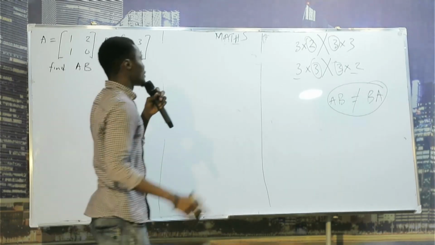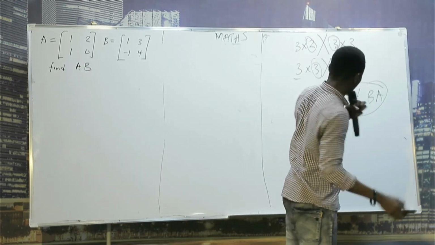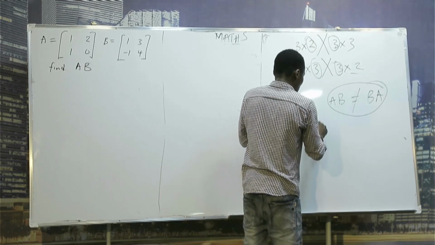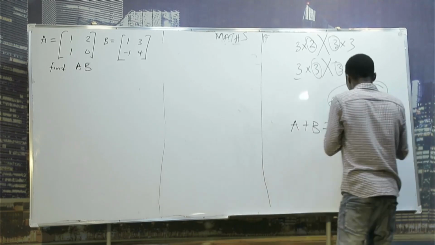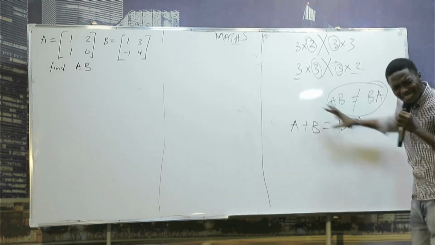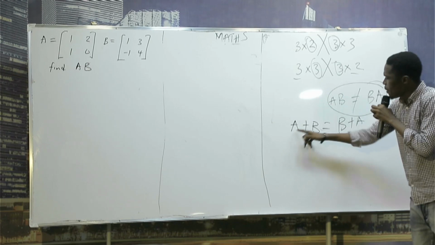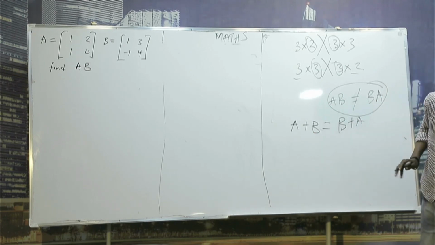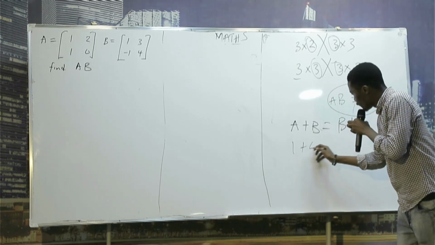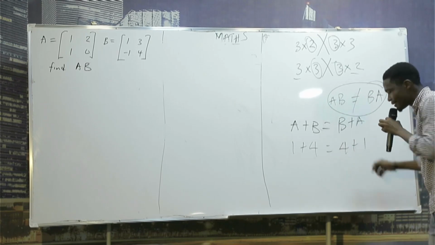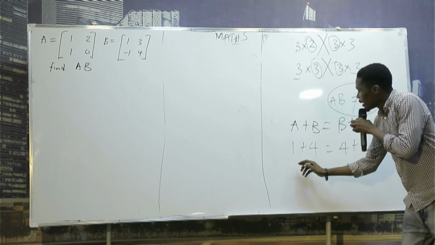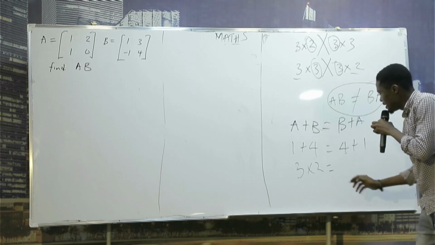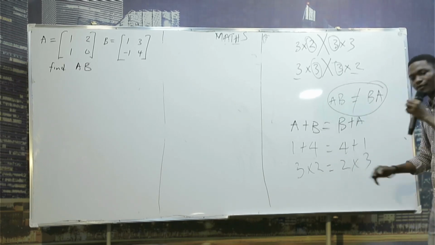Am I speaking too much grammar? Class, A plus B, is it the same as B plus A? Forget matrices. 1 plus 4, is it the same as 4 plus 1? Yes. 3 times 2, is it the same as 2 times 3? Yes.